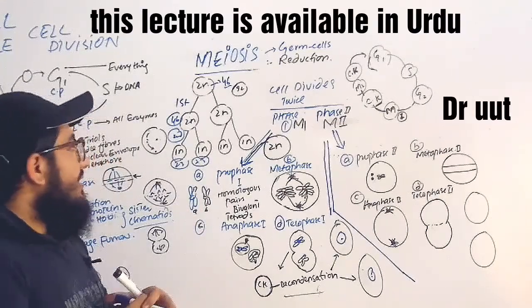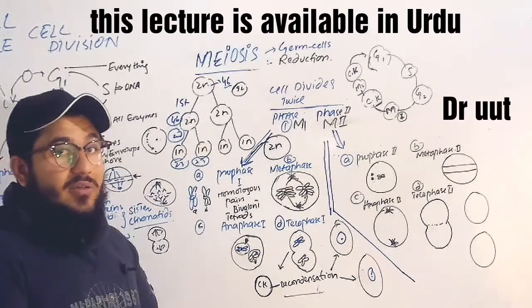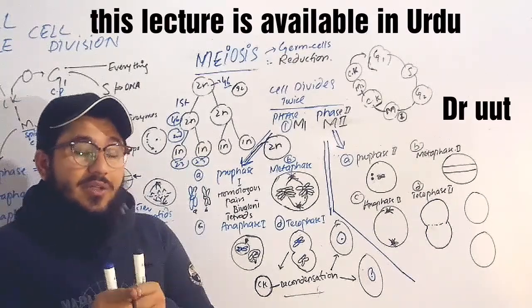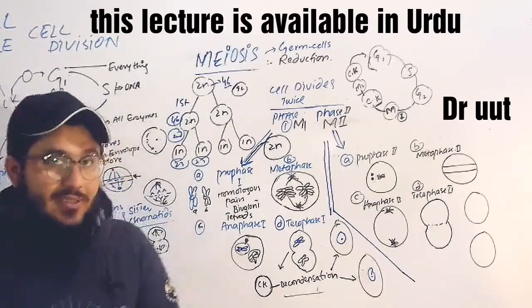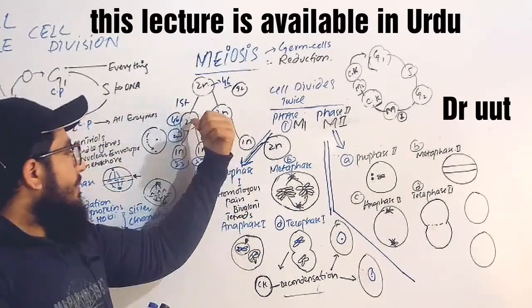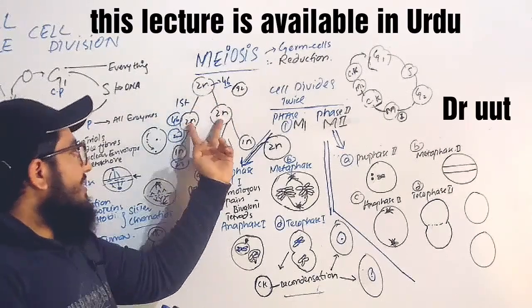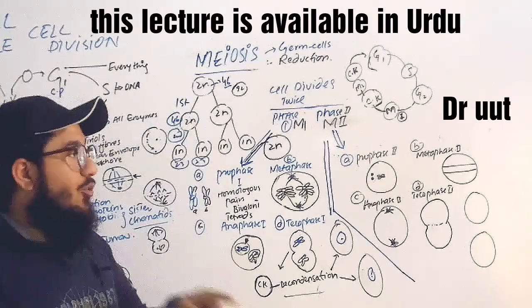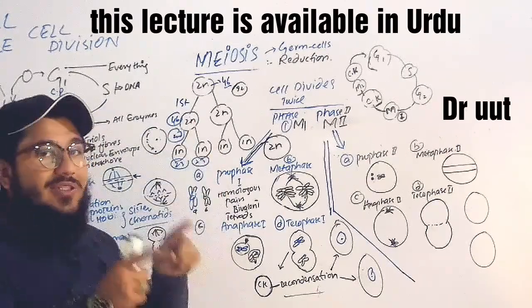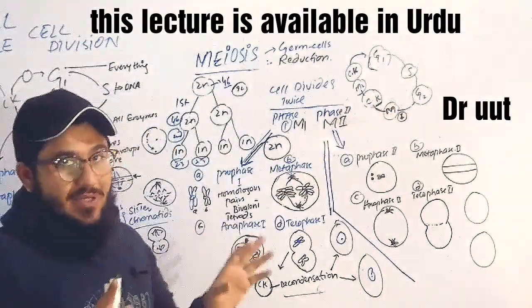So the reason is clear that this daughter cell is not distributing the diploid number of chromosomes to the sub daughter cells. Like this, this parent cell will give birth to 2 diploid daughter cells, and each diploid daughter cell will then give birth to 2 more daughter cells but haploid. The reason is that the S phase is skipped.